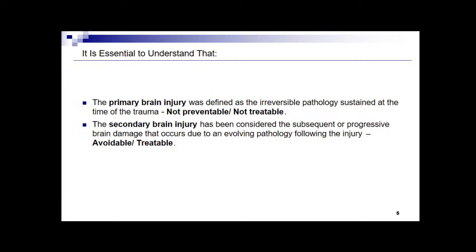We can treat and manage patients with secondary brain injury. Secondary brain injury is considered the subsequent progressive brain damage that occurs due to an evolving pathology following the injury. Secondary damage can be avoidable, we can prevent it, and we can treat it.